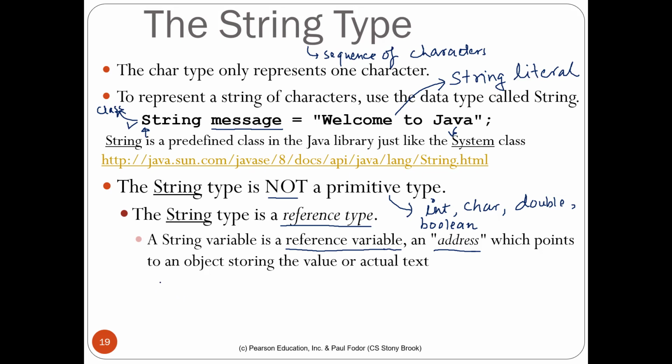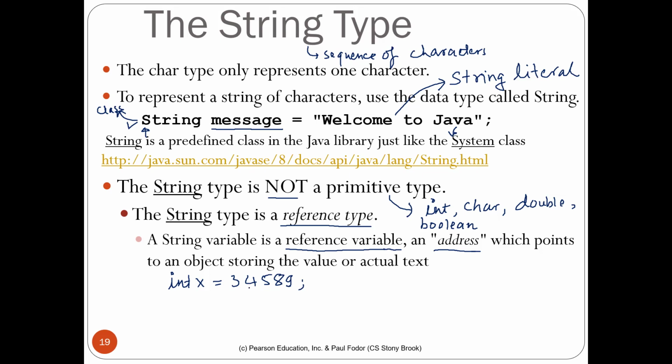So let me write this example. When you say int x is equal to 34589. Let me make it more complicated. You may argue that I'm saying a primitive data type should hold just one piece of information, but I have written 34589, which is 5 digits. Well, that's okay.